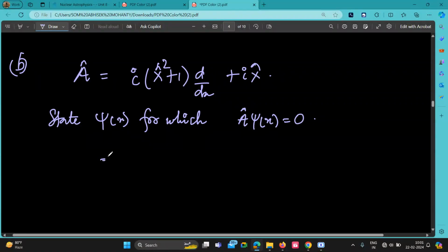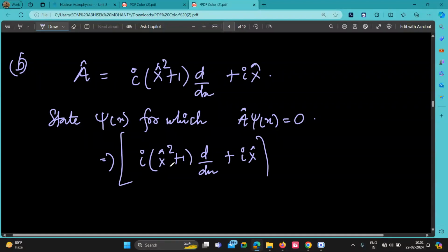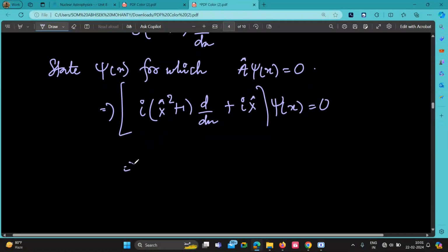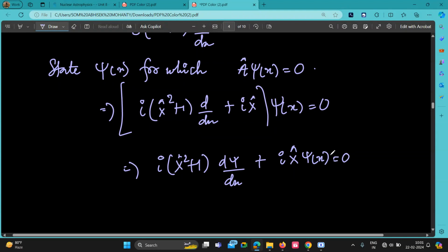So that means what? I will just apply this operator on psi: i (x square plus 1) d by dx plus i x cap, psi x is equal to 0, isn't it? Okay, is equal to 0. So I will open the bracket. So i (x square plus 1) d psi by dx plus i x psi x is equal to 0.